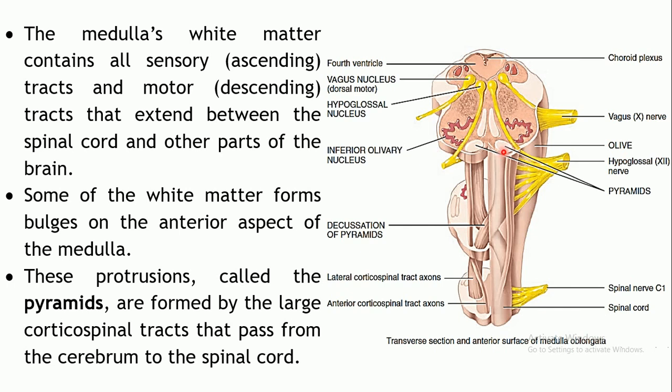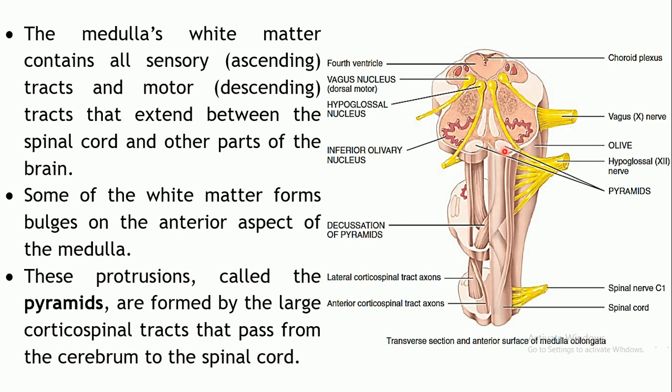Now, some part of this white matter bulges on the anterior side of the medulla. That's the anterior side, this one, front side, and that's the posterior aspect. So in the anterior region, as you can see, that white matter forms bulges. That's white matter, right?